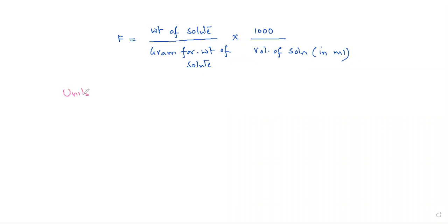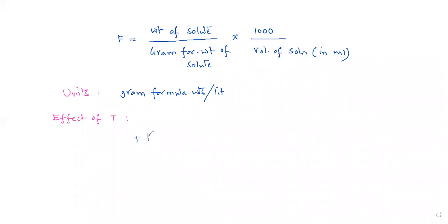Coming to units, just like in case of molarity, it is mole per liter. In this case, it can be given as gram formula weight per liter. Now, coming to effect of temperature, again the same.